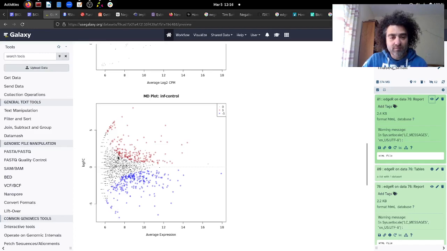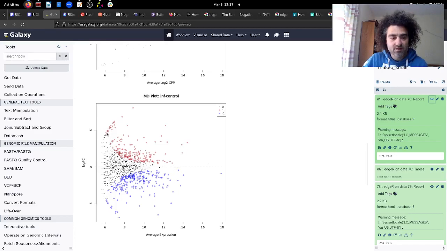And if we go towards higher expression levels, then we can assume that we have differential expression even for smaller deviations from the 0. For example, this gene here is differentially expressed even though it is not so much higher for the infection class compared to the control class. You see, that's not very far from 0.